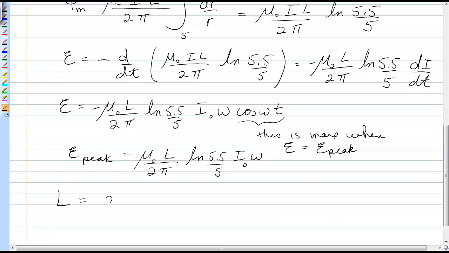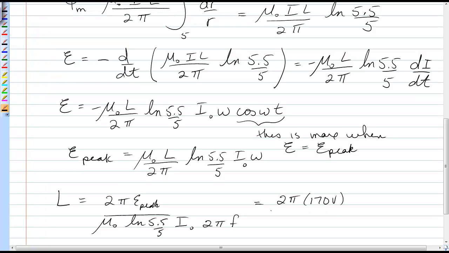L then would be 2 pi peak voltage divided by mu naught ln I naught, and I'm going to put 2 pi f for omega. Subbing in all those values, I would have 2 pi times 170 volts over 4 pi times 10 to the minus 7, that's mu naught.